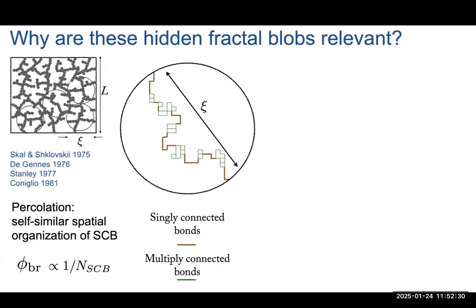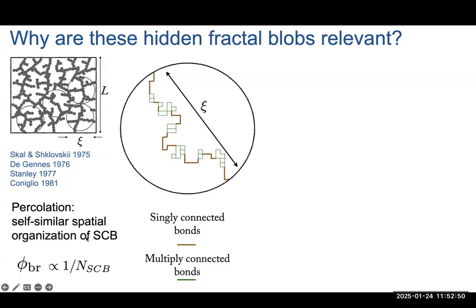So the idea is that these structures are important for the mechanics of the system, because basically they tell us about where and how these singly connected bonds are distributed. And the presence of these singly connected bonds tells us about the floppy modes in our system.